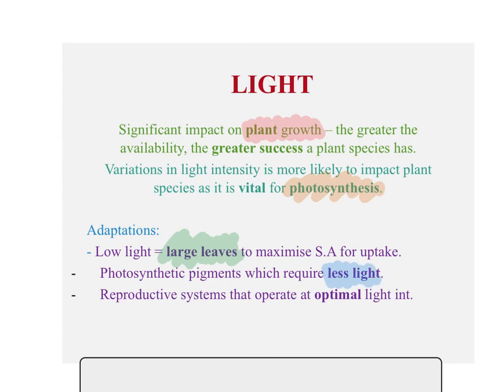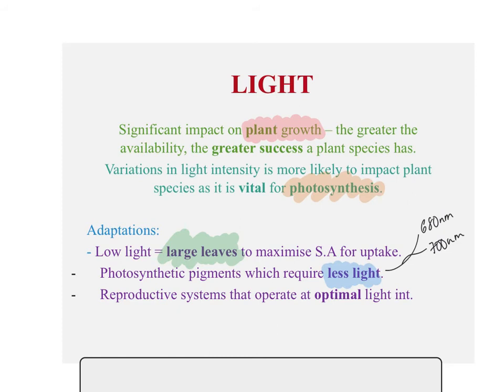So we know that in our standard examples of photosynthesis, we saw that we've got a 680 nanometer pigment that absorbs that wavelength of light, and also a 700 nanometer pigment which absorbs that wavelength of light. But perhaps we have low light conditions, so we can't use those pigments.